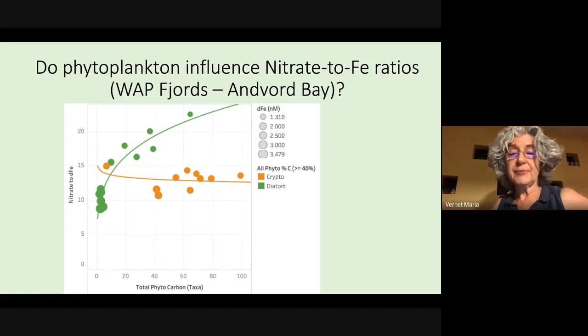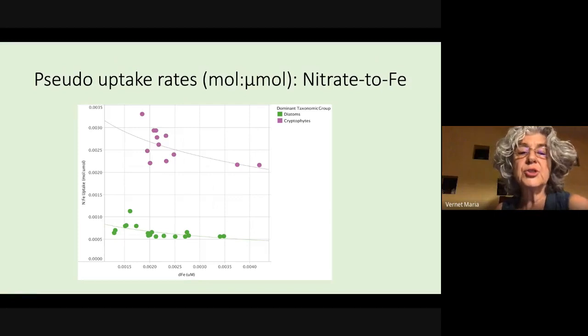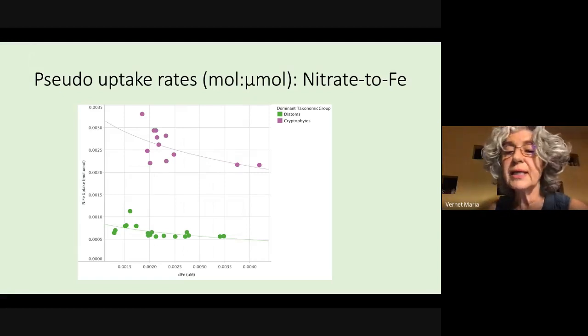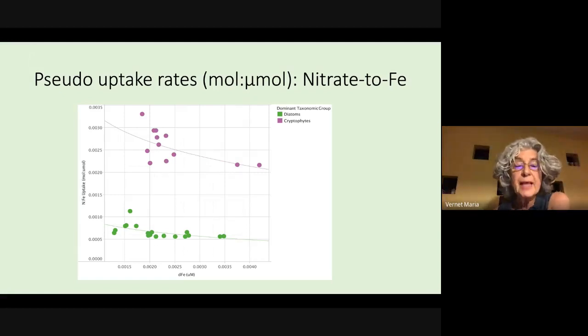Using this data, we calculated pseudo-uptake rates. So based on the carbon of the phytoplankton and the rate of disappearance of the nutrients in the water column, we calculated uptake rates. So in the y-axis here is nitrate-to-iron uptake, and in the x-axis is concentration of iron.